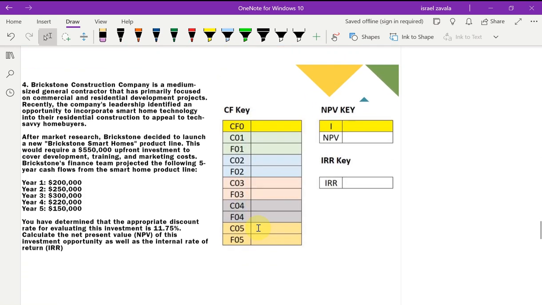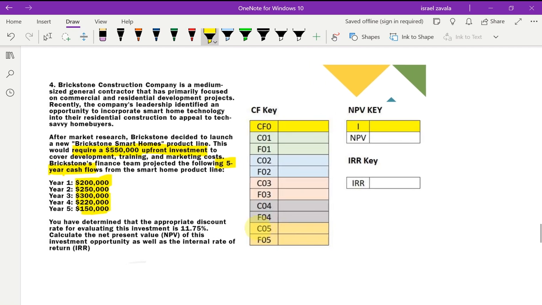Okay, I'll give you guys a chance to read it. I'm just going to extract what I know to be the important pieces for this NPV and IRR problem. It's requiring $550,000 as an upfront investment. It's going to be a 5-year set of cash flows, which we have here.